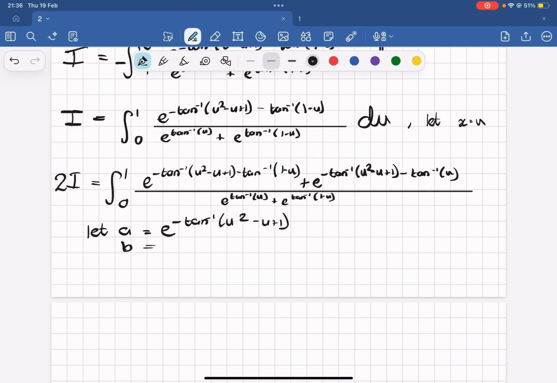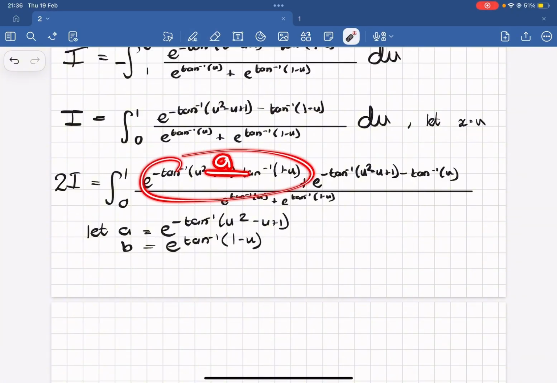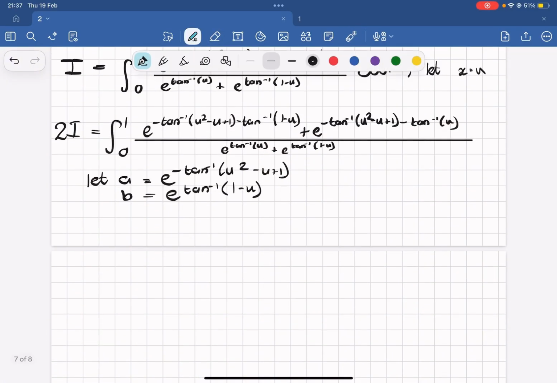So let's call b e to the arctan of 1 minus u. So this term here would just become a over b, because that minus means we can just write it as 1 over b. Cool. So we've done u squared minus u plus 1, 1 minus u, and e to the arctan u.